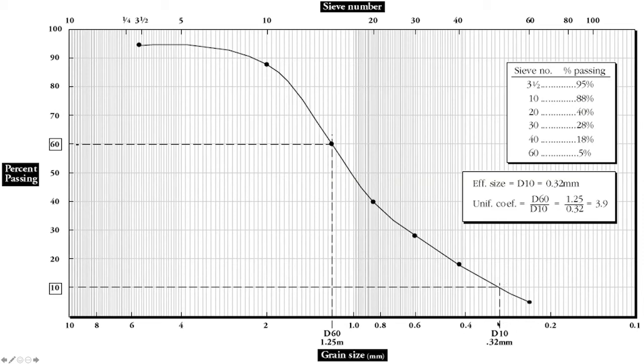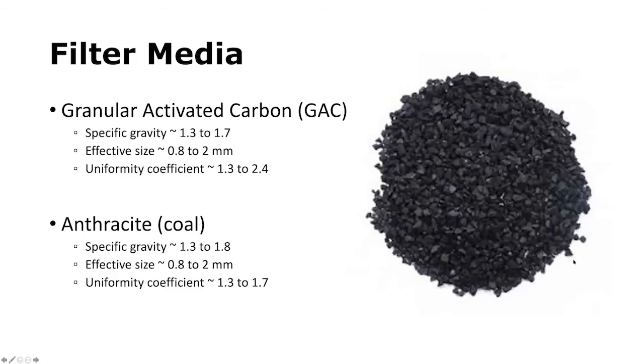D10 would be where 10% by weight are passing this sieve size, where we might do the experiment using standard sieves like the number 60 sieve, the number 40 sieve, etc. But we would then fit a curve to those data in order to interpolate between them. You can see here that the D10 value for this particular curve is approximately equal to 0.32 millimeters. So that would be the effective size of a media with these characteristics.